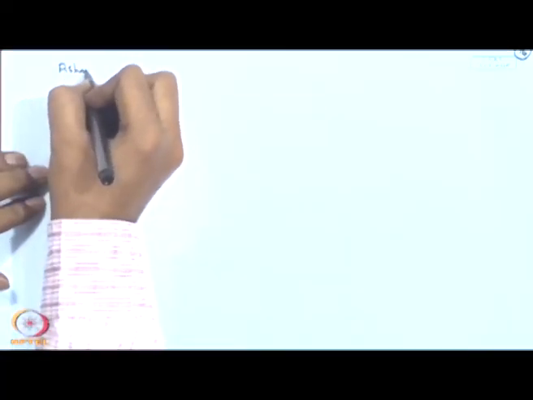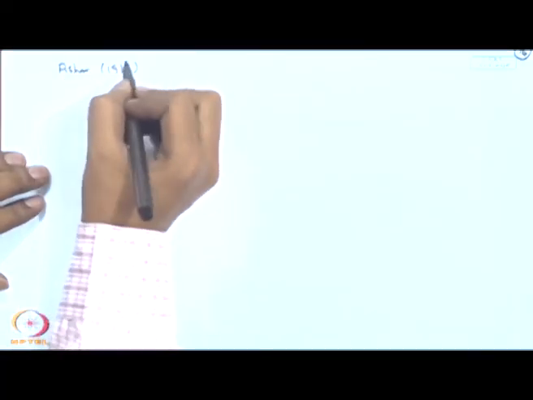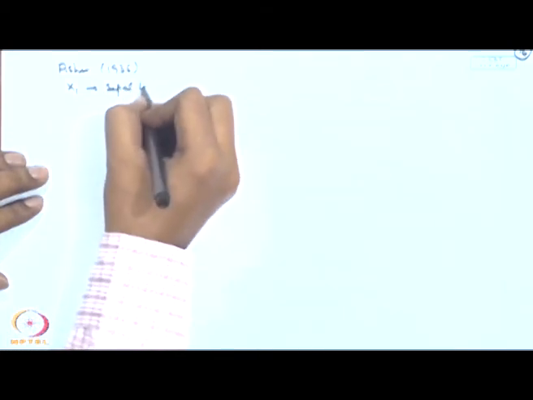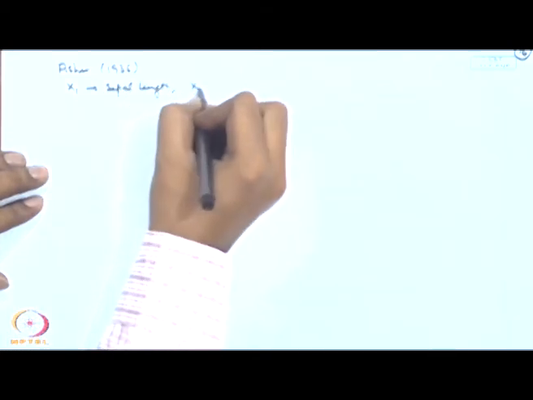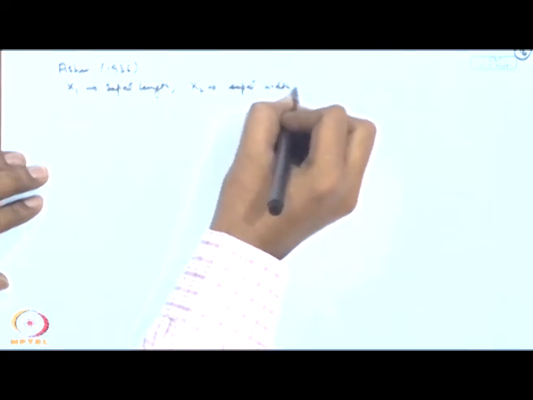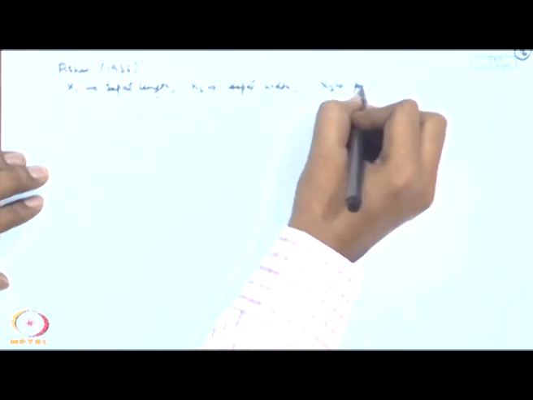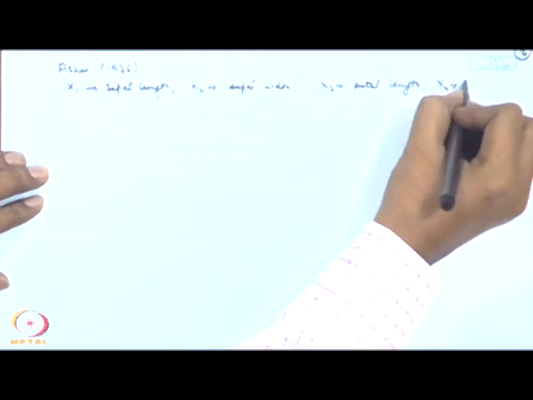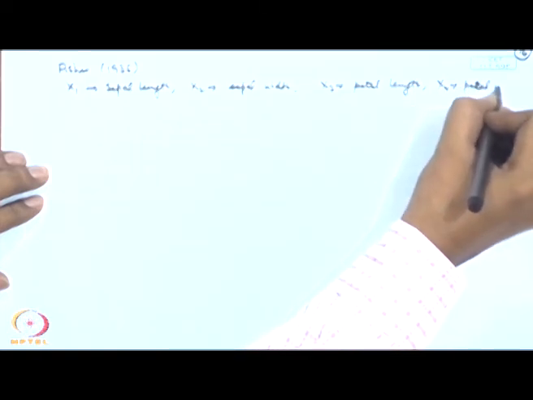One of the classical examples is given in Fisher's paper in 1936, in which he considered 4 variables: x 1 as the sepal length, x 2 as the sepal width, x 3 as the petal length and x 4 as the petal width.